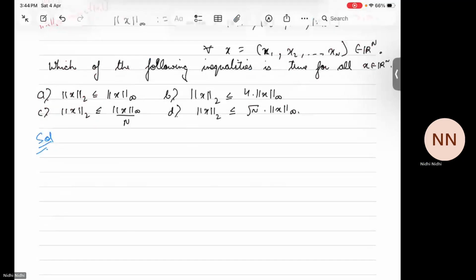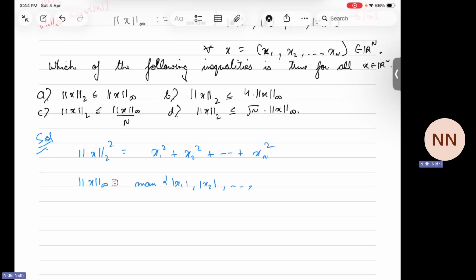So here, let's see what the Euclidean norm square is. This is x1 square plus x2 square and so on up till xn square. Now, the supremum norm is the maximum of mod x1, mod x2, and so on up till mod xn, so it is greater than or equal to mod xi, and this happens for every i from 1 to n.